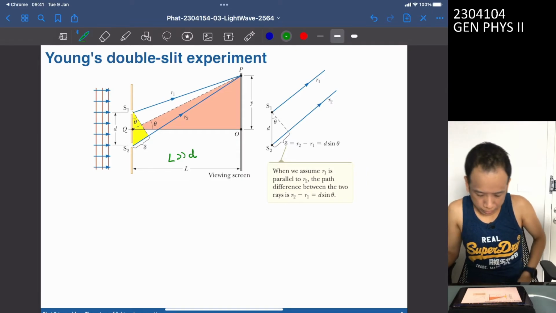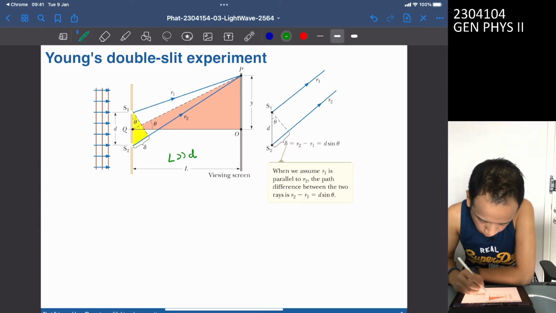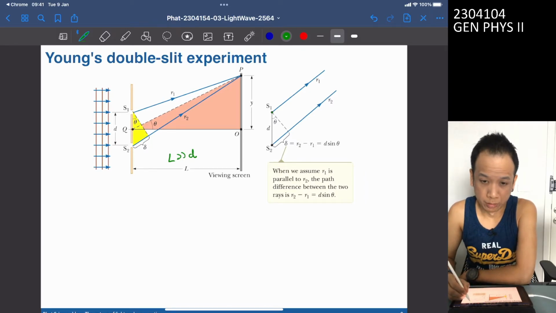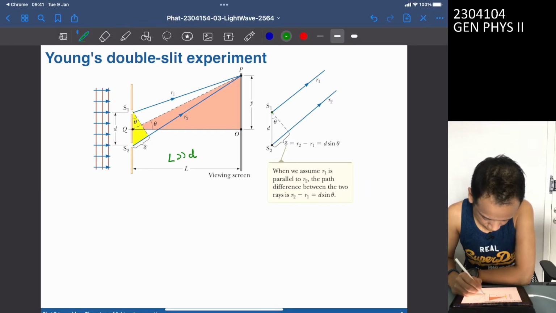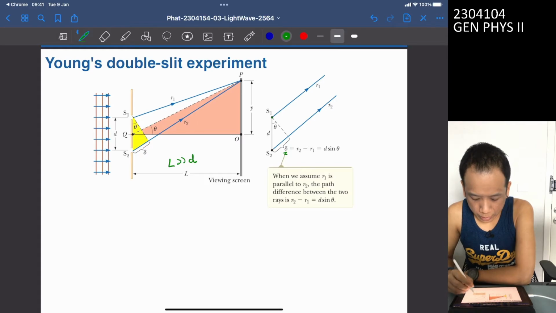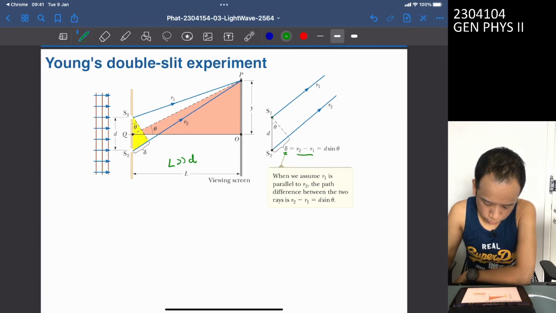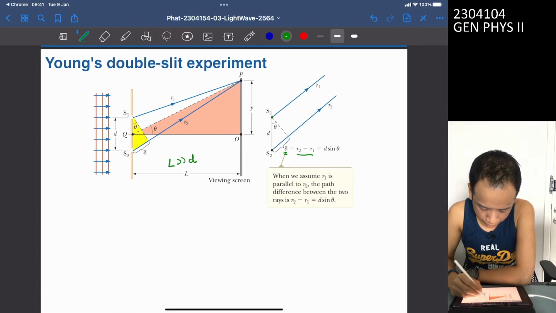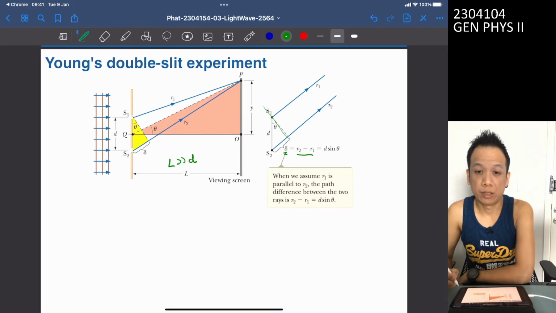The model is that, starting from source number 1, it goes to the point you are interested in, and from source 2 to the same point, with the difference delta, which is R1 minus R2. If the source is far away, you can just cut here and use d sine theta as delta.